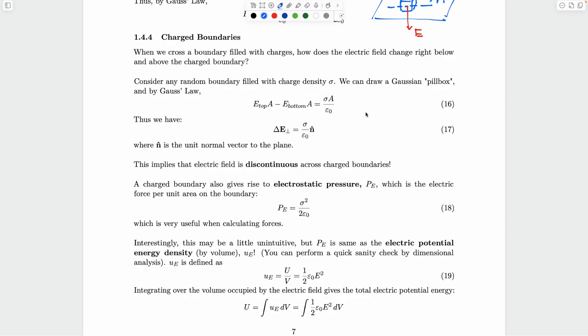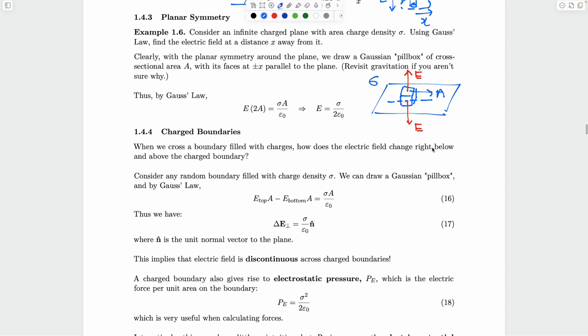So let's think about the example right before this, which is the infinite surface one. When we drew our Gaussian box, the field above and below are discontinuous due to the charge contained within the box.